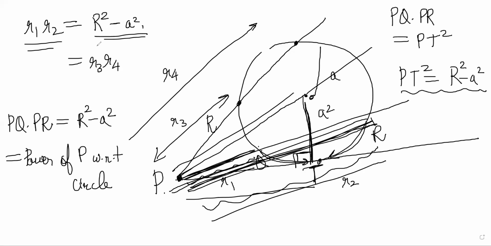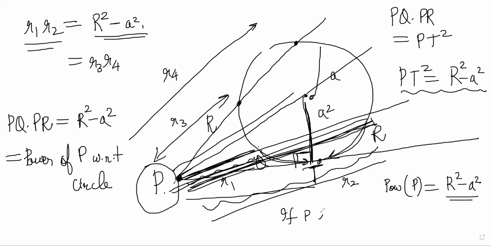So for any point outside the circle, the power of P will be equal to R square minus A square, which is the square of the distance of that point to the circle center minus the radius squared. That is very important, because if point P lies on the circle, power is zero, since R square is the same as A square.